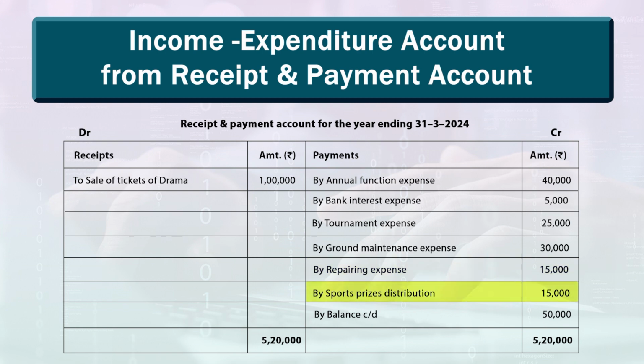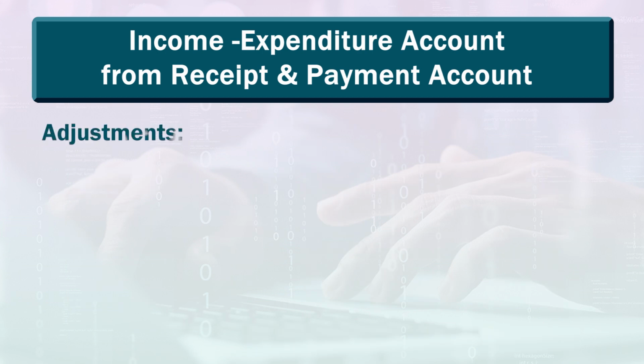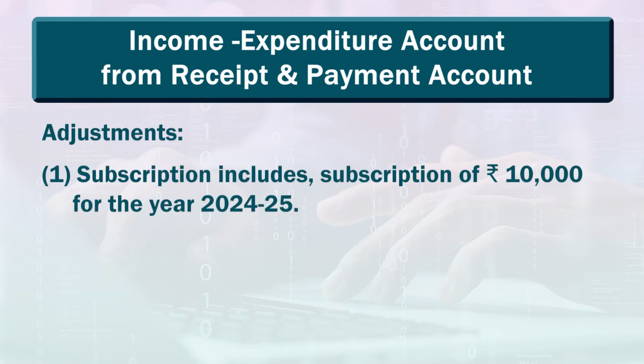Sports prize distribution amounts to rupees 15,000. The balance carried down is rupees 50,000. The total of receipt and payment account is 5,20,000.